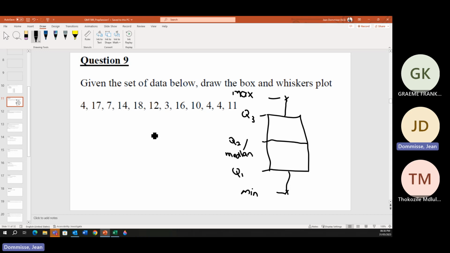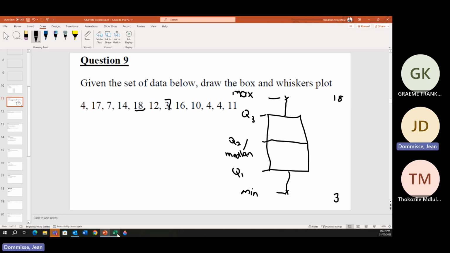So if I look at your minimum, it was 3. Maximum seems like 18.